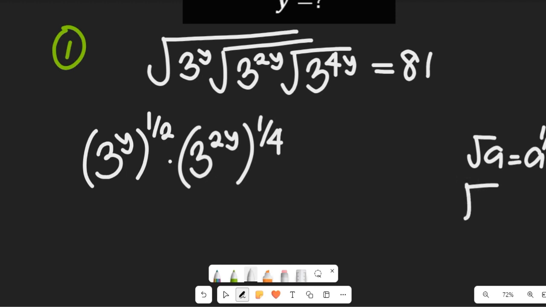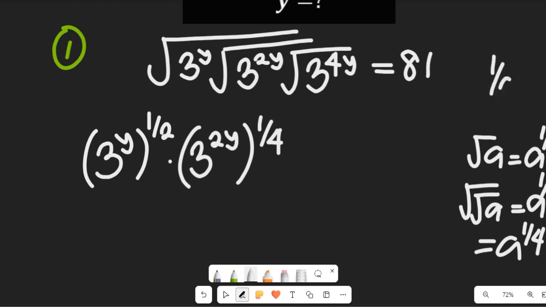If we have two square roots holding this expression, then this will be equal to a to the power of 1 divided by 4, because we'll have a to the power of 1 divided by 2 plus 1 divided by 2, and that is going to give us 1 divided by 4.